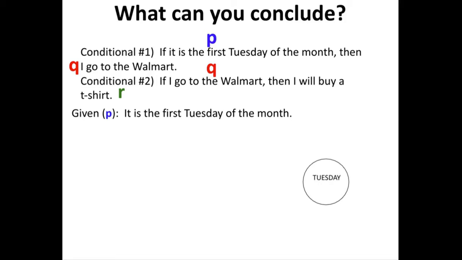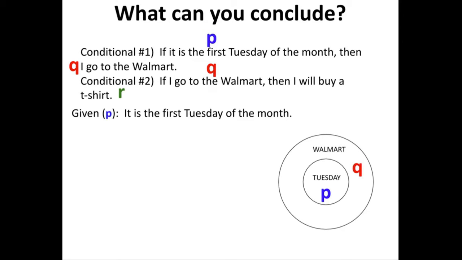So we're gonna have three circles here. In my innermost circle, I'm gonna put Tuesday because I can't fit all the words in the little circle, but that just corresponds to my statement P there, if it's the first Tuesday of the month. My next circle out is my statement Q. That's about going to Walmart.